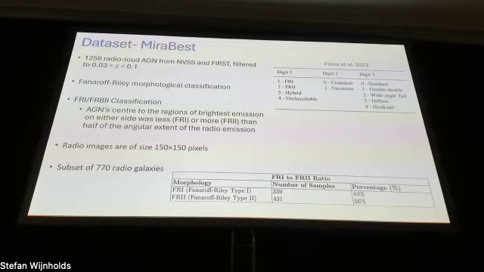The rest we discarded, and that leaves us with 770. In total it's 339 FR1 and 431 FR2 galaxies, which is a percentage of 43 and 56%. And the images were of size 150 by 150 pixels.